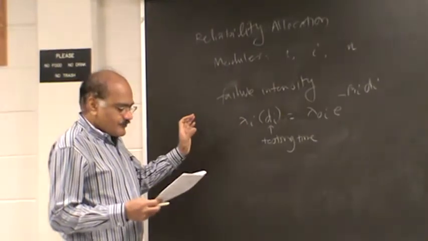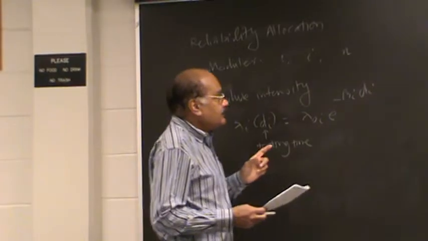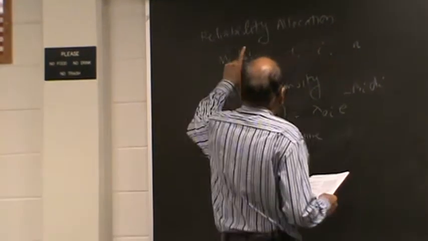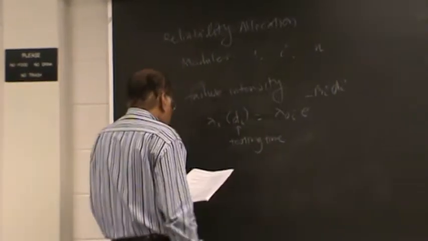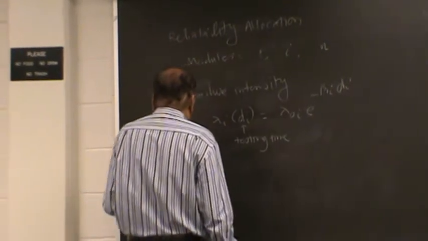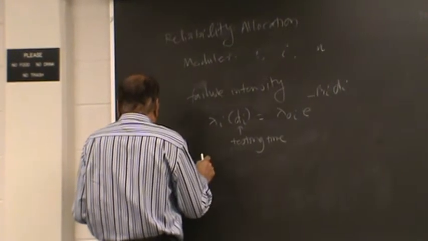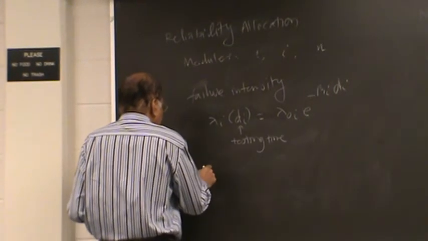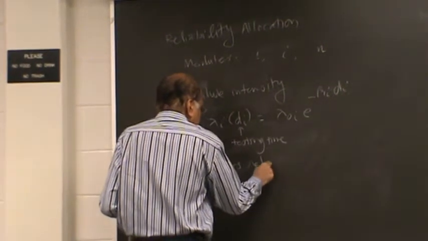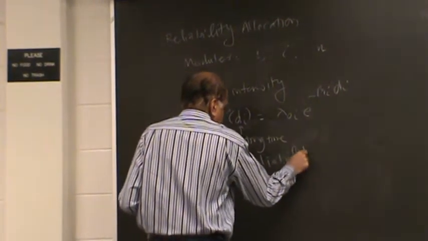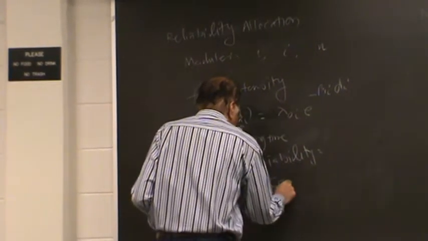Now, one key problem in the reliability allocation problem is to find a relationship between cost and reliability. So what is the cost and reliability relationship? This is referred to as the cost function.